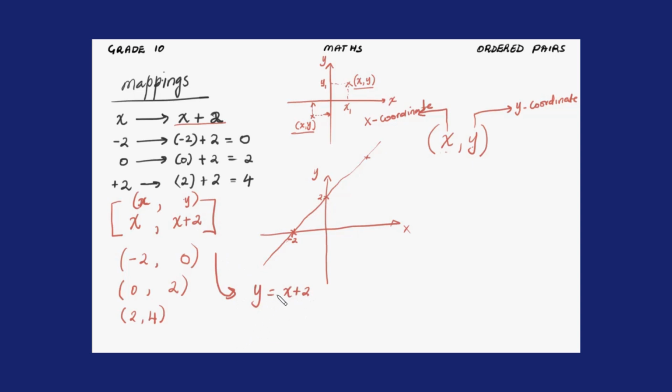That's what would be implied here. Okay, so this is a formula, and a formula is a rule, and a rule is an order.